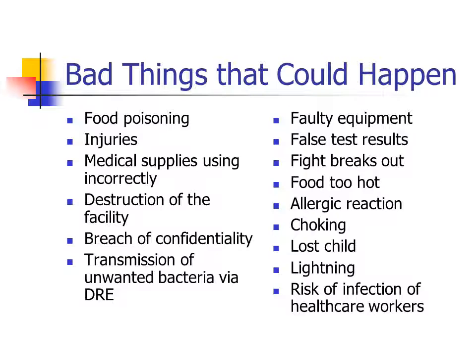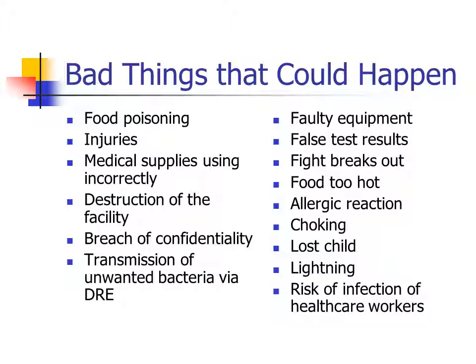Okay, so here's a list of bad things that could happen. You can't protect yourself against everything, but you do your best to do that. If you have food at an event, there could be food poisoning, there could be choking, there could be allergic reactions to things. People can get stung by bees and have an allergic reaction. You can have injuries, facilities can be damaged or destroyed.